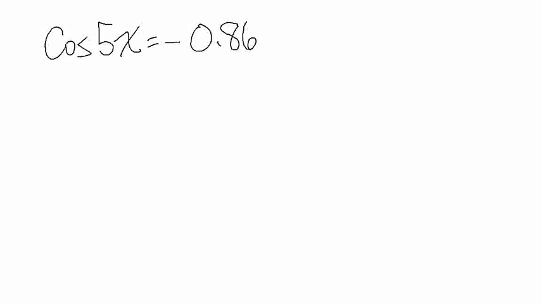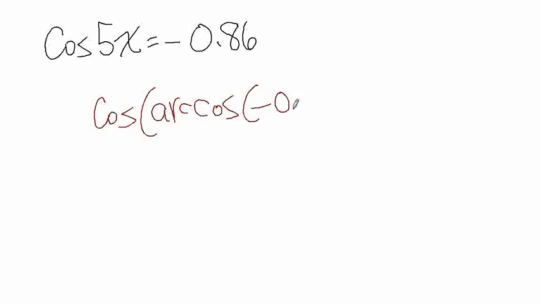So this equation is not associated with any special angle, so we might consider using arc cosine, but there's a problem. The cosine of the arc cosine of minus 0.86 does not equal minus 0.86.